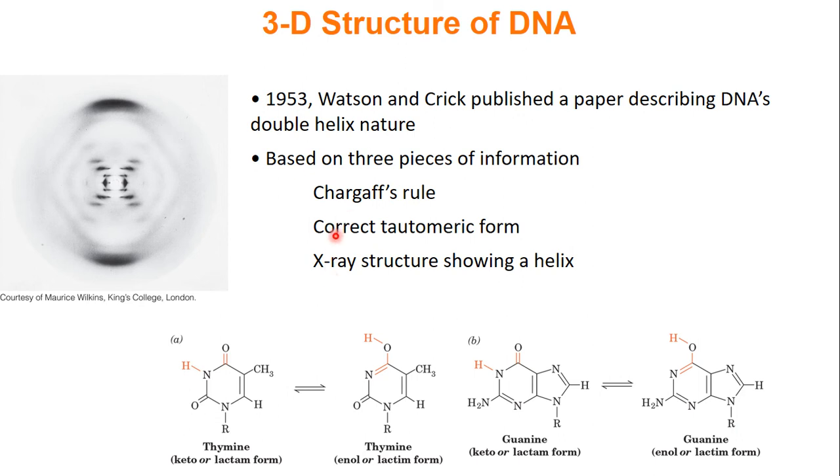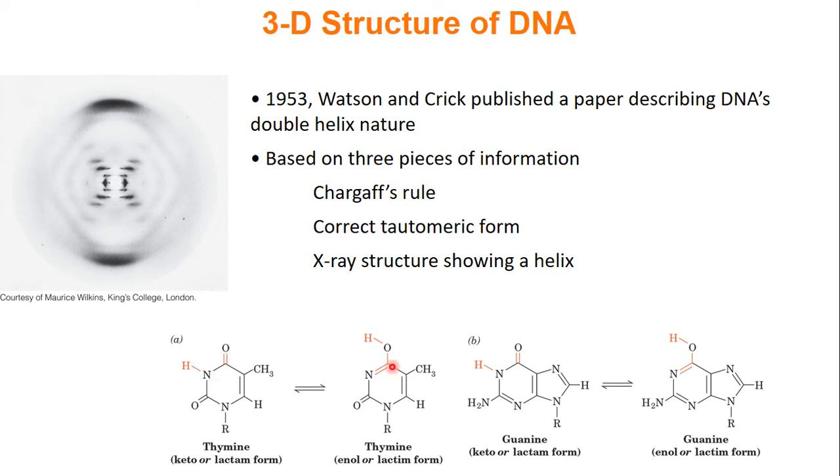2, they had to correctly know which tautomeric form the bases occupy. So a tautomer is when you have the same structure, here we have thymine, but it can have different orientations of atoms. So we have the keto form and the enol form. And back when DNA was being discovered, researchers didn't know if it was in the keto form or the enol form.